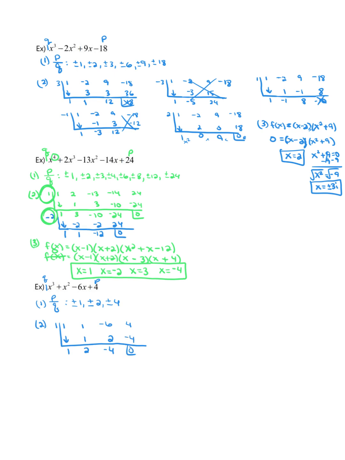All right, so our remainder is 0, so we can factor that. So f of x equals x minus 1 times remainder constant x squared plus 2x minus 4. So 2 times 2, 1 times 4.